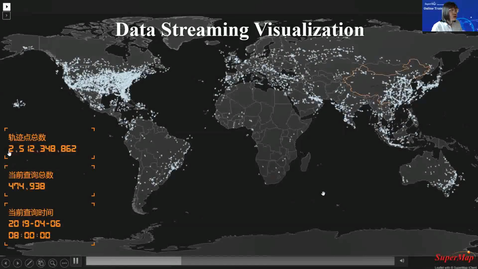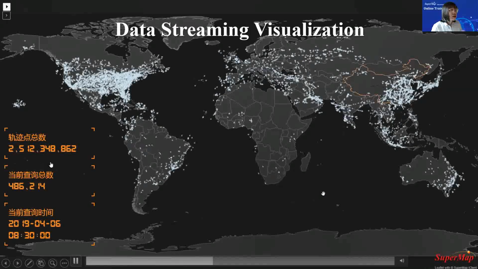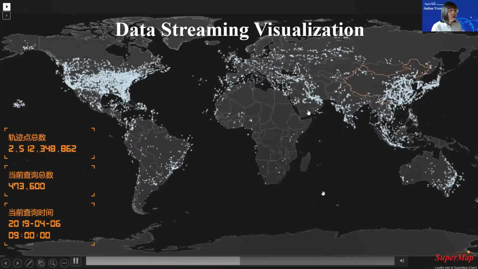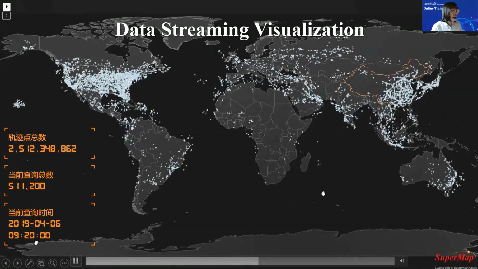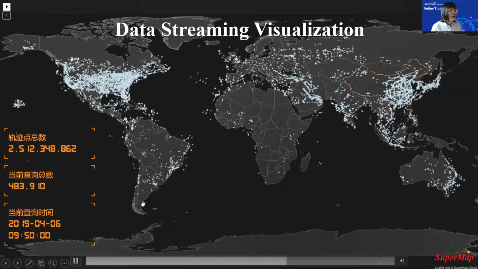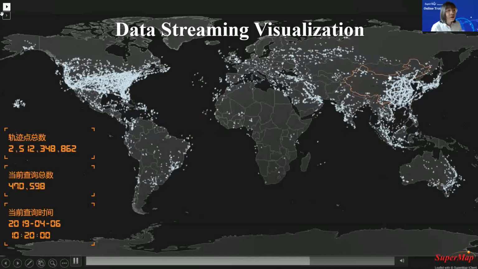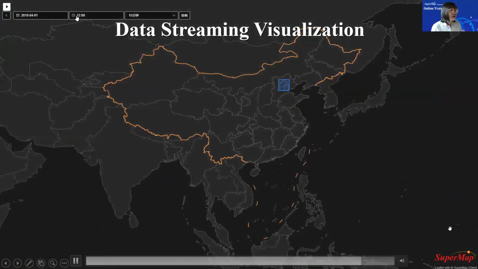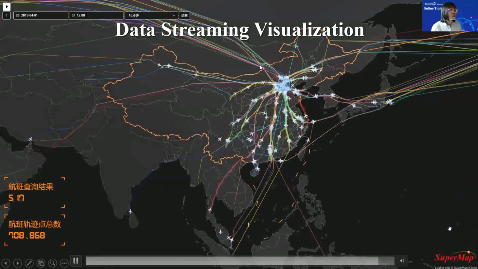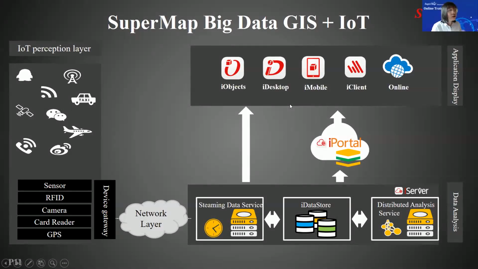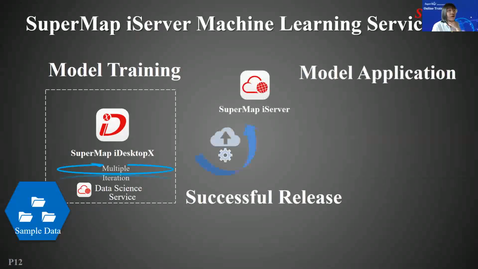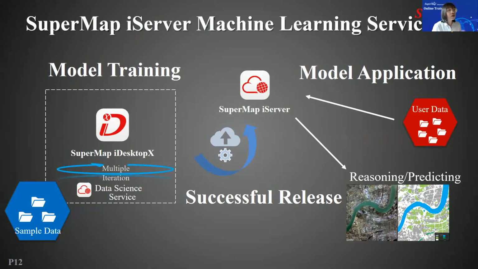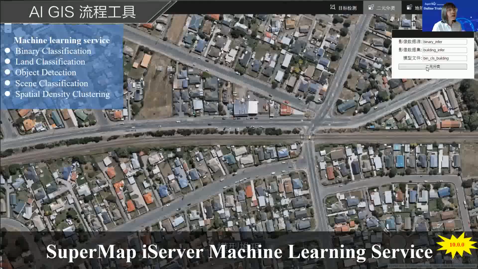We can see the track points and track lines, and also the real-time time, and you can query a specific date, a specific time, and a specific region. This is also big data. For IoT, it's similar to that.